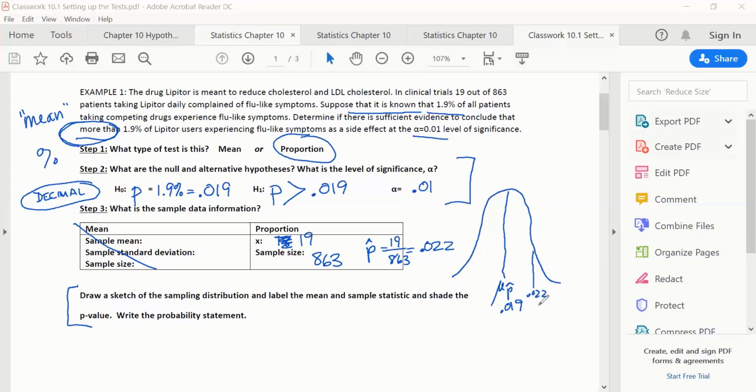That's our p-hat. Over here, that's 0.022. And our p-value is this shaded area. This shaded area is our p-value.